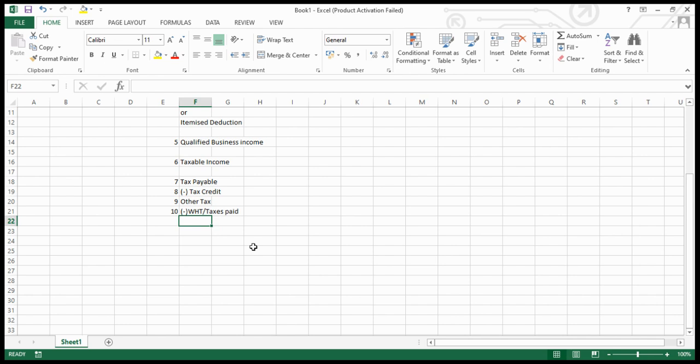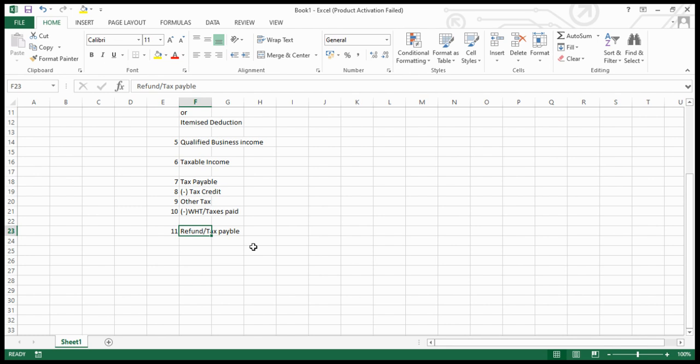From that, you need to reduce what is already paid, similar to income tax. And then you will arrive at a refund or tax payable situation. You need to make a payment of it or apply for the claim of the refund.